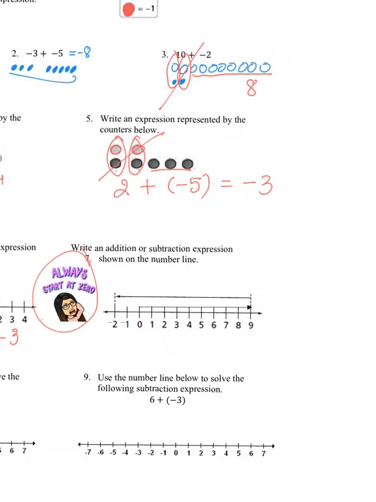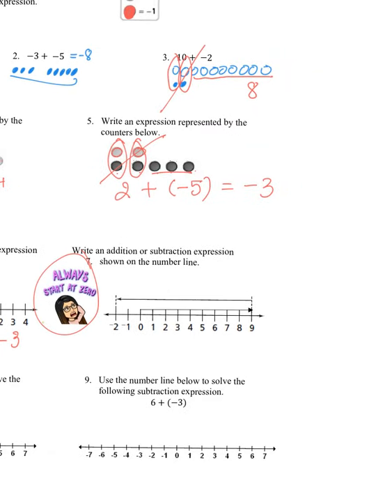Number 7, again, we always start at 0. We look at the arrow that starts at 0. So it goes to the right 9 units. We have 9. And then from 9, it goes to the left. Let's see how many units.